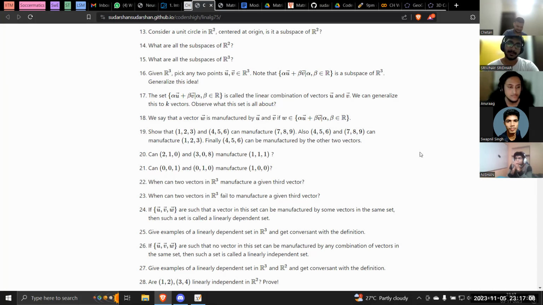It means they will span the entire R2. Then if I take any third vector in R2, I can obviously define it as some linear combination of the first two, because I know the first two span the entire plane. That is what is happening here, but in a higher dimension on a smaller plane.